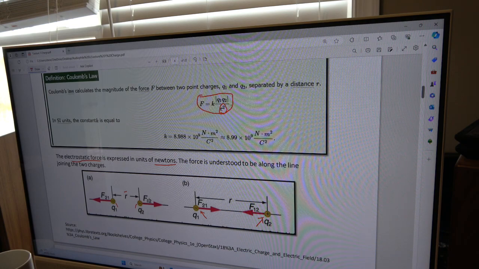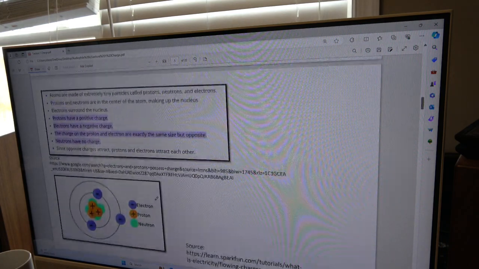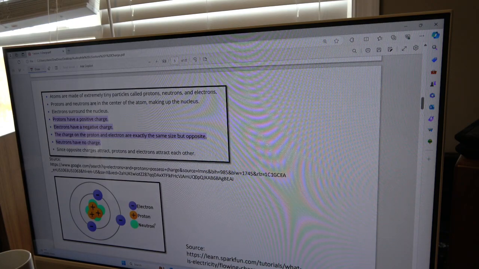And this kind of forms the basis of a capacitor. We'll get to that later. But that's the point: there is a field force between charged particles that causes either attraction or repulsion, and that force also depends on the distance between them.